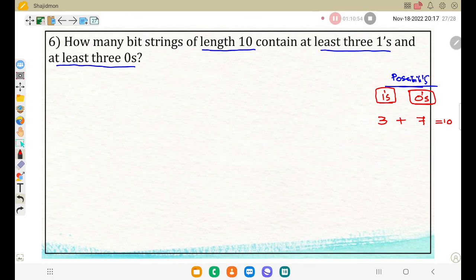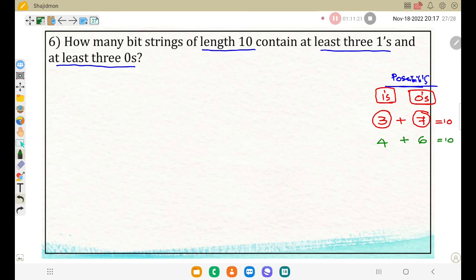What is the other option? Keep in mind, both numbers have a minimum of 3. We can choose 4 ones and 6 zeros, because 4 plus 6 also gives length 10, correct.